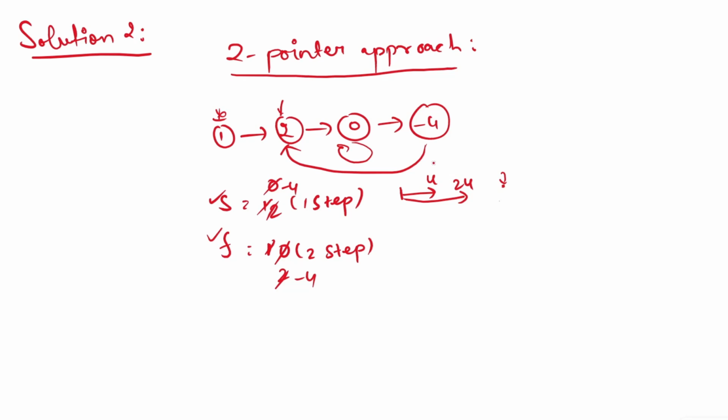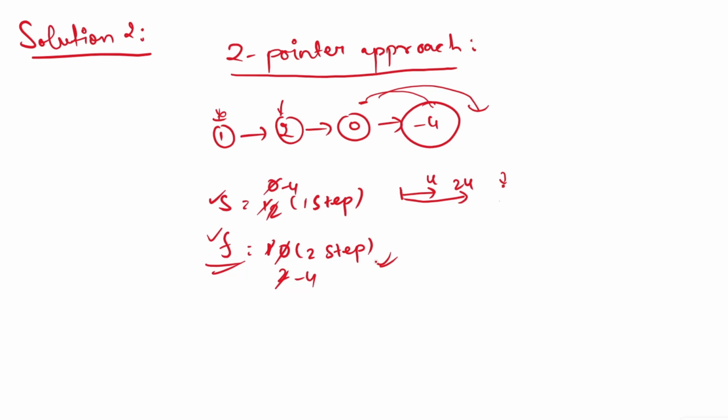So if there is no cycle, what will happen? After 0, it will not go to 2, it will go to null. If fast points to the end of the linked list, that means there is no cycle. If fast does not reach the end of the linked list, that means there is a cycle. So let's see the code.